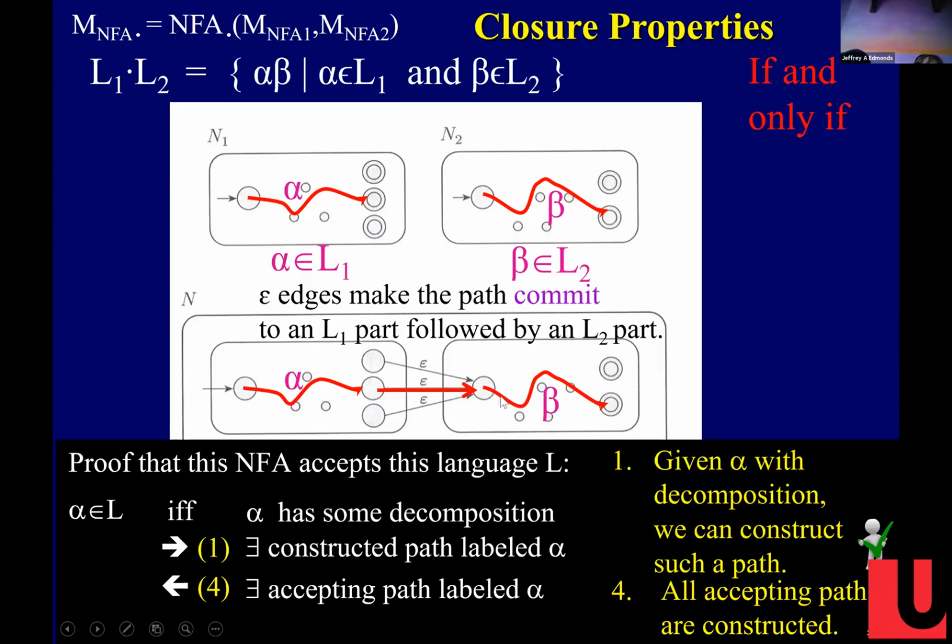And when you do that, you're now over here and you're going to be reading beta. You can never go back and read more characters over on the L1 side. So that tells us that the characters on this side are all going to be alpha together, and the characters on this side are all going to be beta together.